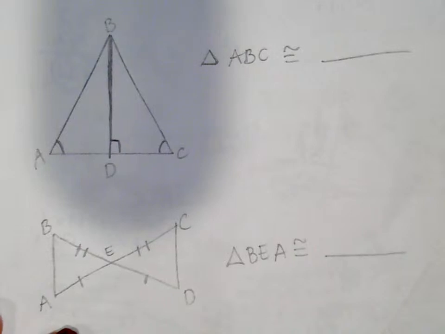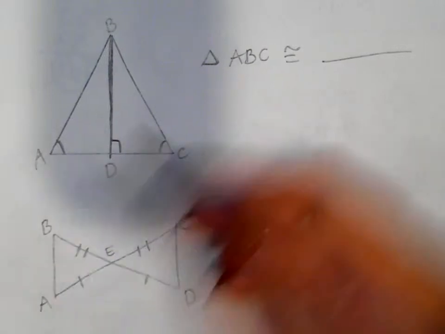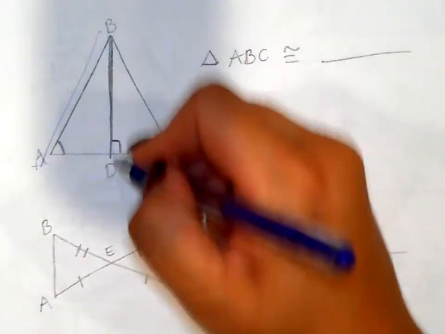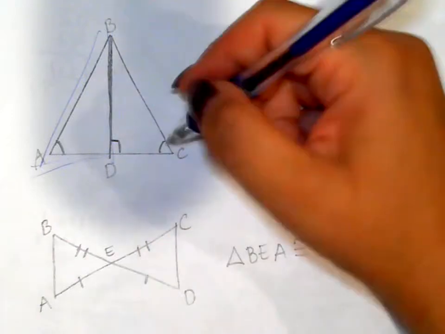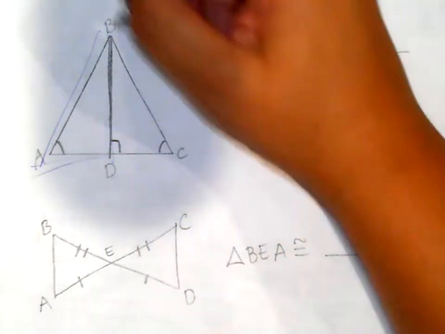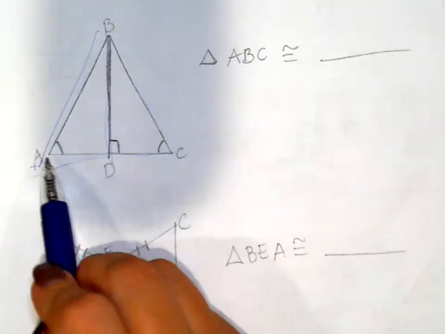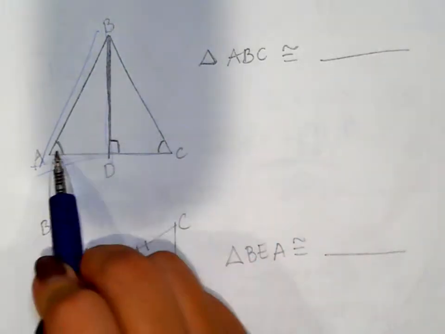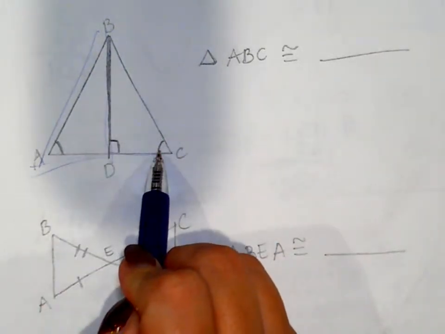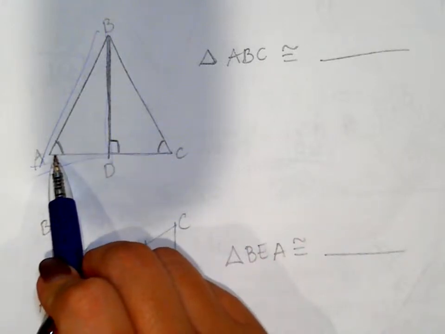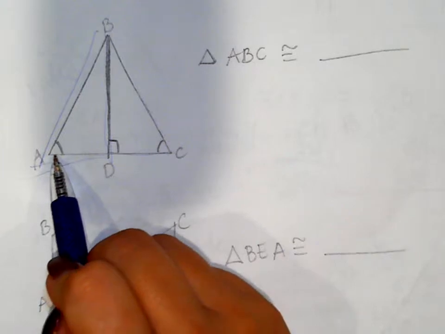Okay, so this guy right here, I have 2 triangles here. There's one, A, B, D. Here's the other one, C, B, D. I know that these 2 angles are congruent. There's a couple of different ways that I can go about this problem. It depends on how you see it.